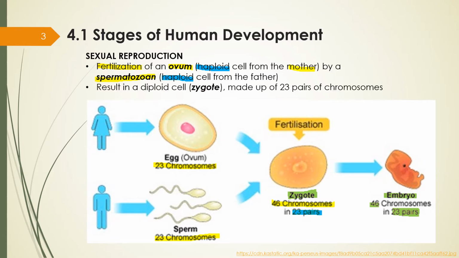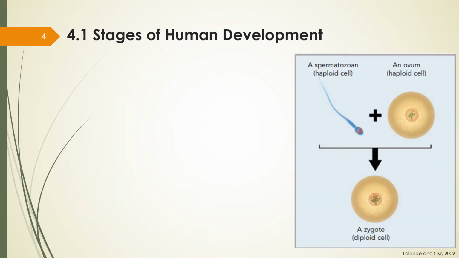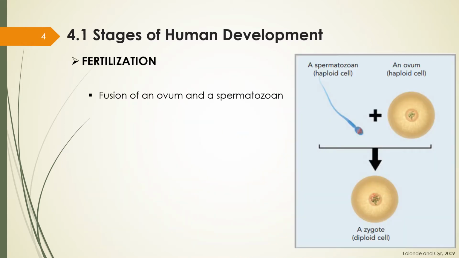So, what's fertilization? Fertilization results in a diploid cell, called a zygote, made up of 23 pairs of chromosomes, okay? So what's fertilization? It is the fusion of an ovum or egg and a spermatozoa or sperm.